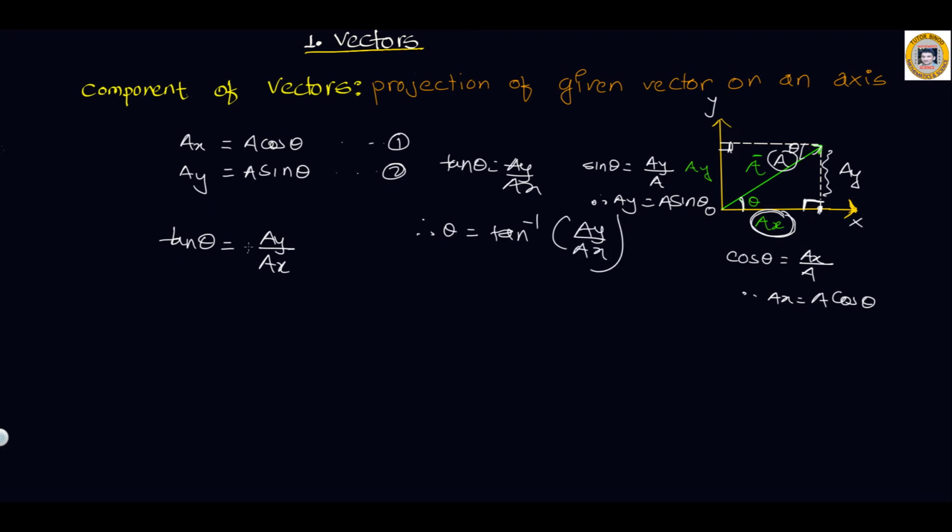So in this way you can find the components of a vector. Similarly, we can also find the magnitude of vector A by the square root of Ax square plus Ay square. These are the properties of components of vectors you should know.